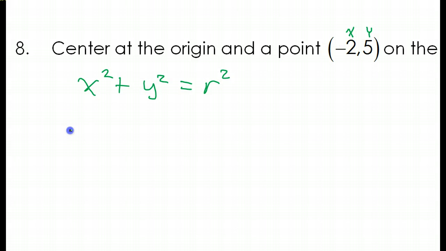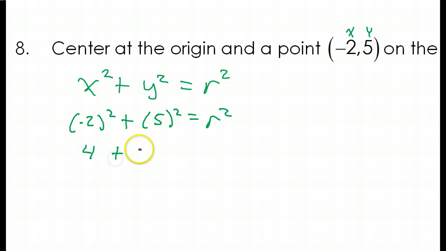If I plug these in, I'm going to have negative 2 squared plus 5 squared. And I'm just using this to find my radius squared. Well, this is 4, and this is 25, is equal to radius squared. So that's 29. Now, don't take the square root and find r, because what I need is r squared.